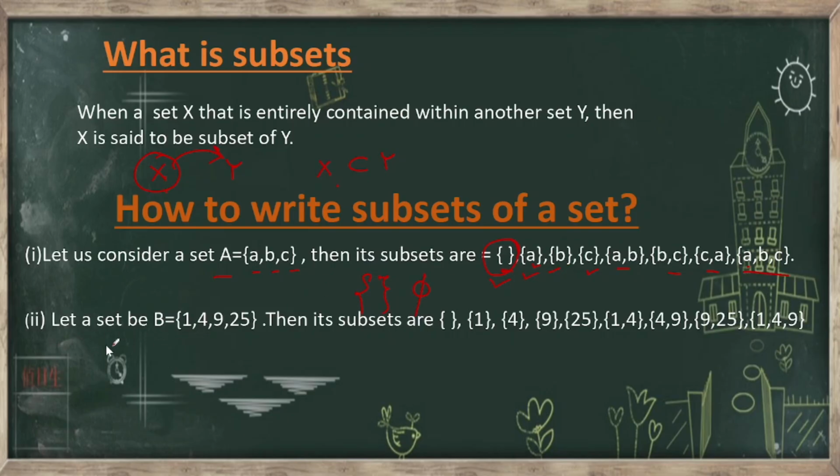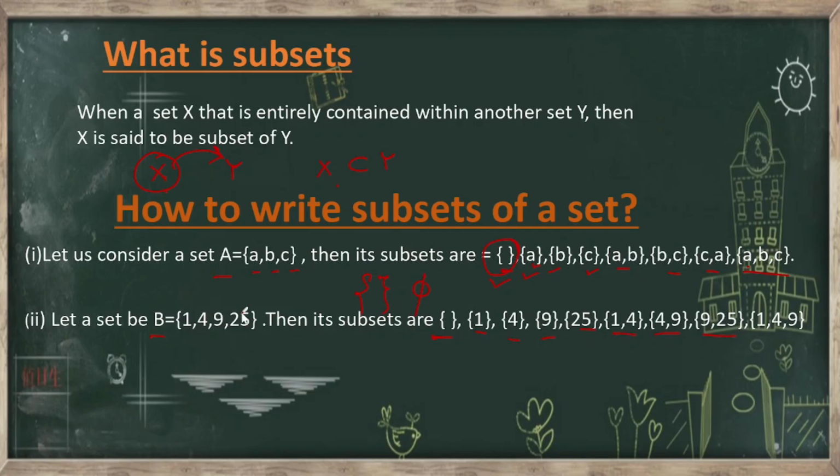Next, let's take another example, B. B contains the elements 1, 4, 9, 25, and its subsets are simple. We write the empty set. Then the singleton sets: {1}, {4}, {9}, {25}. Then sets containing two elements: {1, 4}, {4, 9}, {9, 25}.